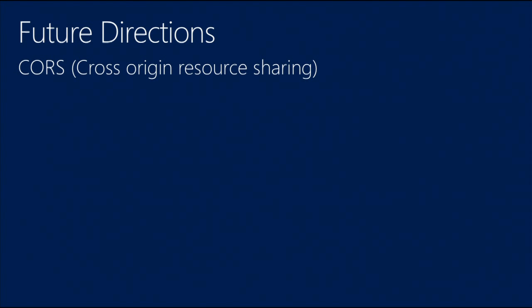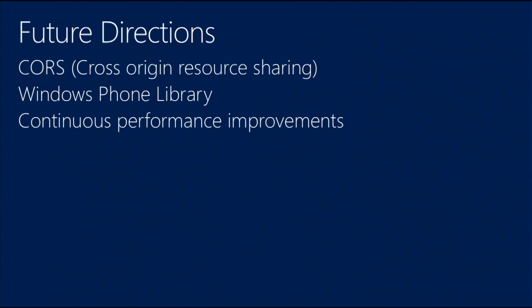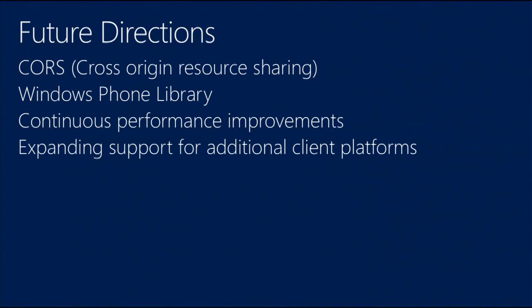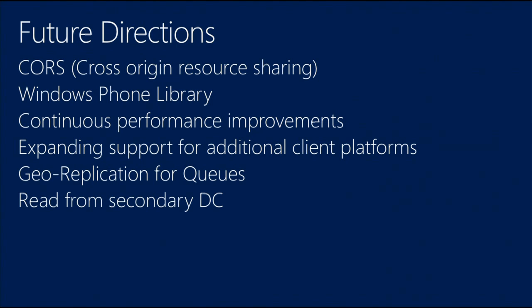So here are some future directions, things that are coming in the coming months. CORS: if you're serving web content out of blobs, specifically accessing them from a browser or JavaScript, CORS is what you need. The Windows Phone library will be available shortly. It's in testing, with a lot of performance improvements. We're expanding platform support for different languages and different platforms.